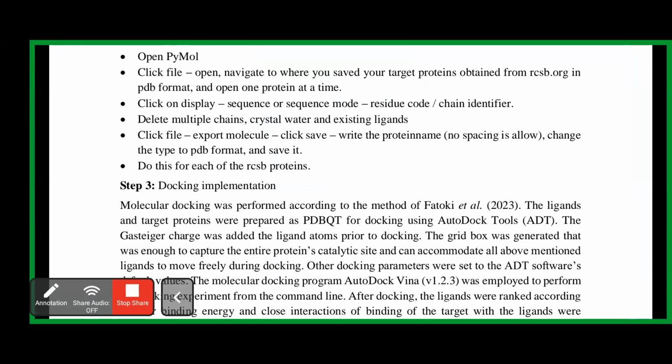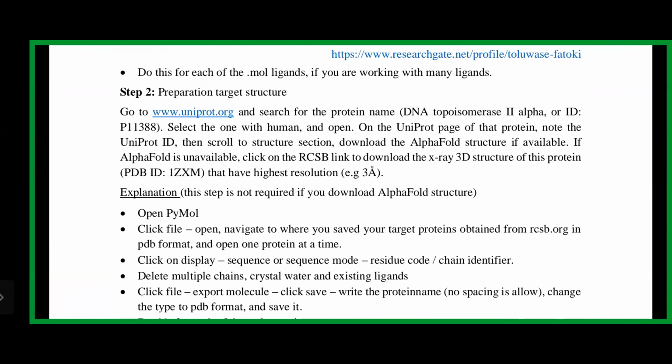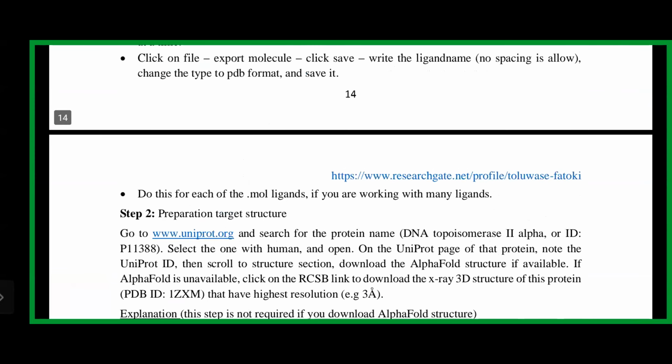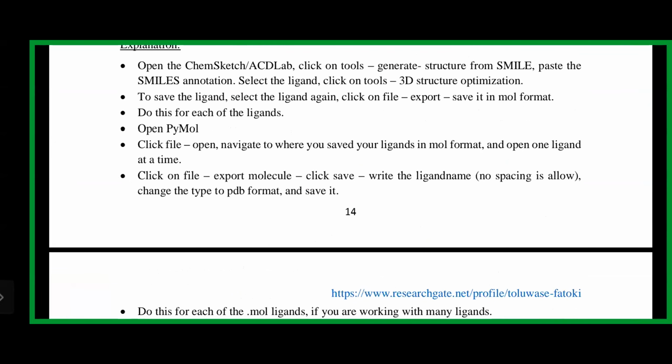If our ligand is in SDF format, then we have to convert it to PDB, because AutoDock 4 cannot take an SDF file, so you have to start from PDB. So we have to convert our ligand from SDF format to PDB by using PyMOL.